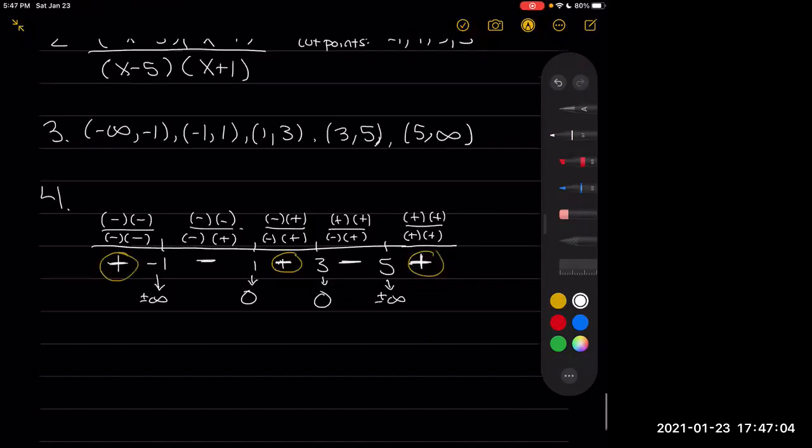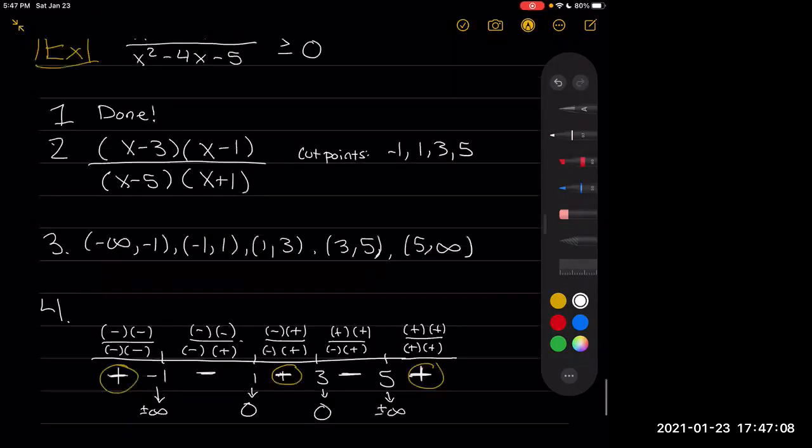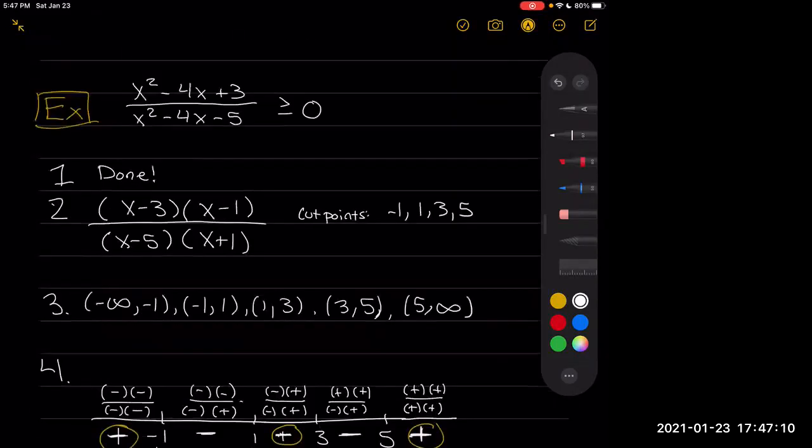And then when we check our endpoints again, recall this is a greater than or equal to, so we get to include our 0.